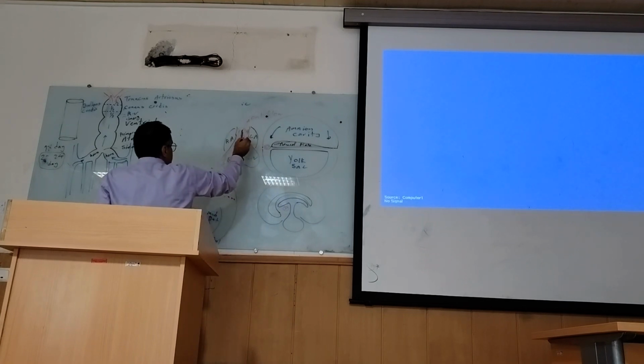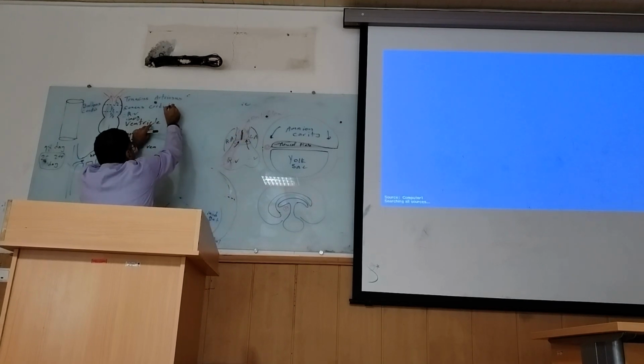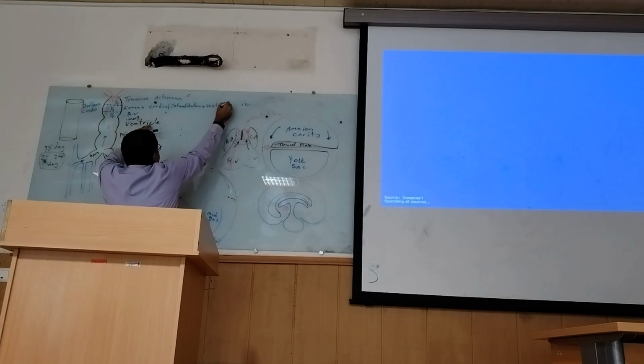This is the outflow part of both ventricles: the infundibulum plus the vestibule of the aorta.